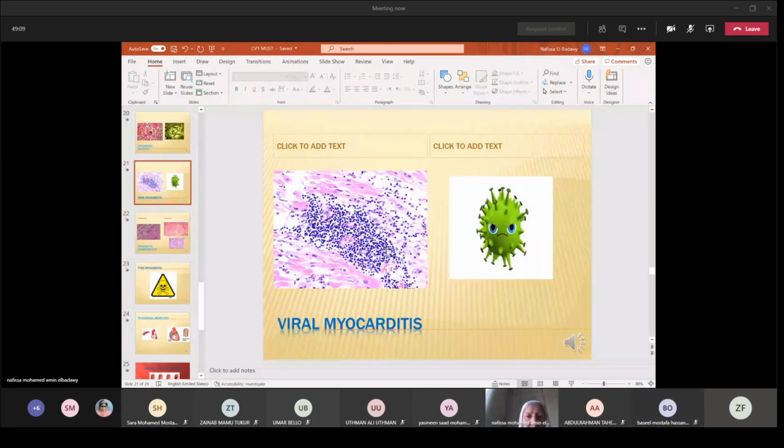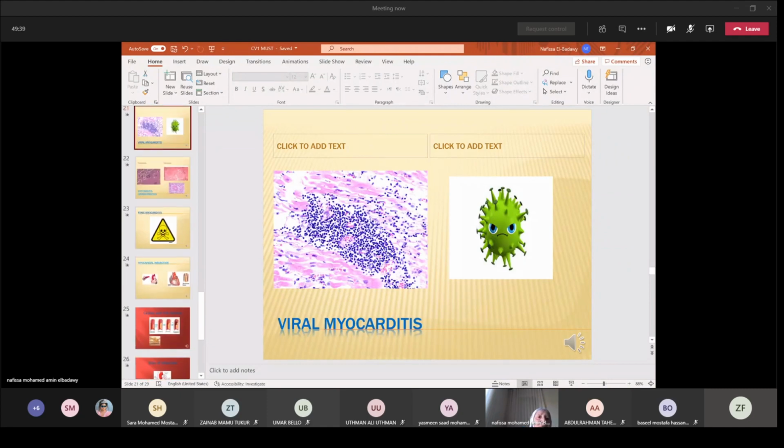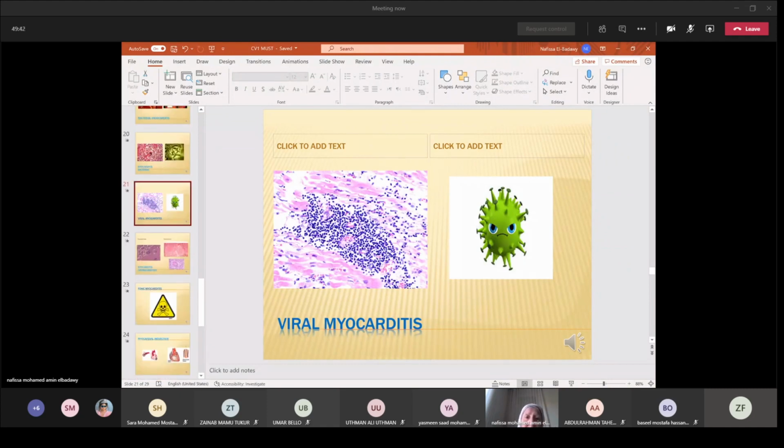Our next time will be respiratory. We go by the sequence: cardiovascular, respiratory, lymph node. We go by this sequence to give a lecture for each thing. If you wish we stop here, we can stop and then we continue the next time. If you wish, we can continue. We don't have a lot of things to share. Can we take a few minutes and then continue? What do you think?